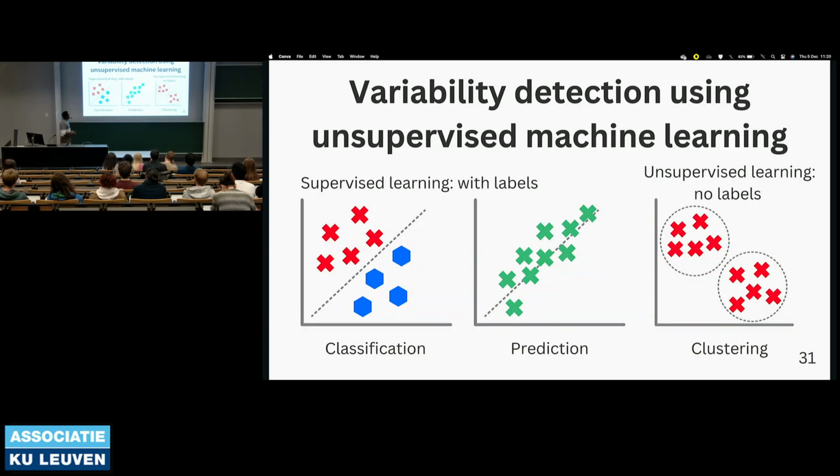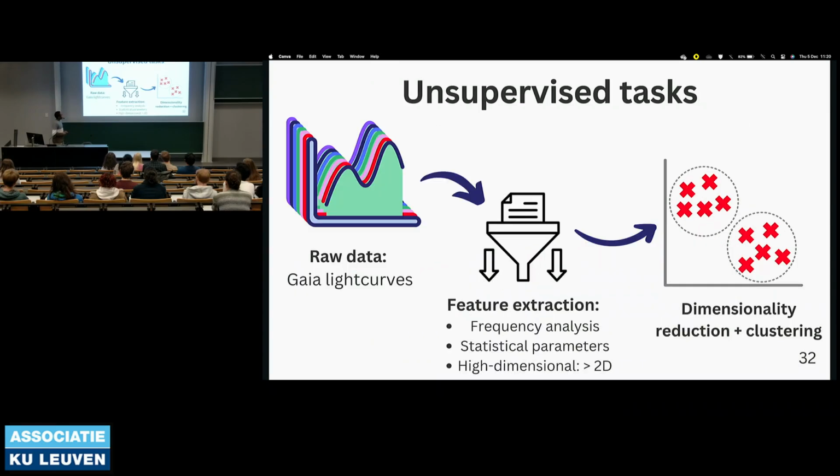But for supervised machine learning, we know the labels of the data. For example, we know this part of the data is blue or red, and most supervised machine learning tasks are focused on classification or prediction. So in our case, we use unsupervised machine learning, and this consists of three main tasks.